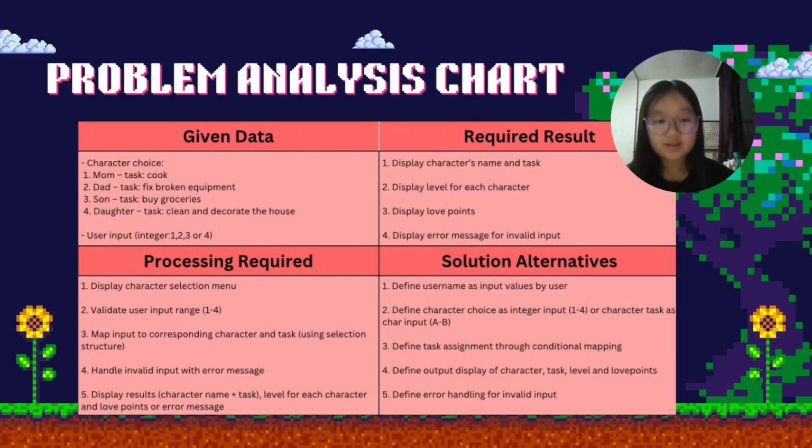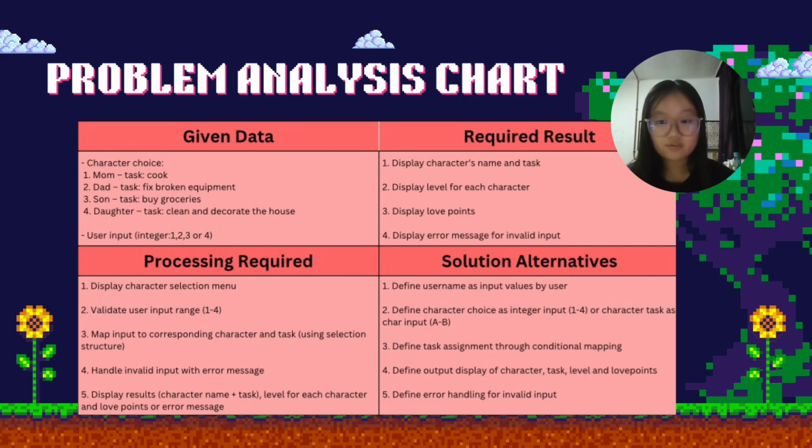Third, define task assignment through conditional mapping. Each character choice maps to a specific predetermined task. Use switch case structure for efficient value matching. Next, define output display of character and task. System displays the selected character name and assigned task.